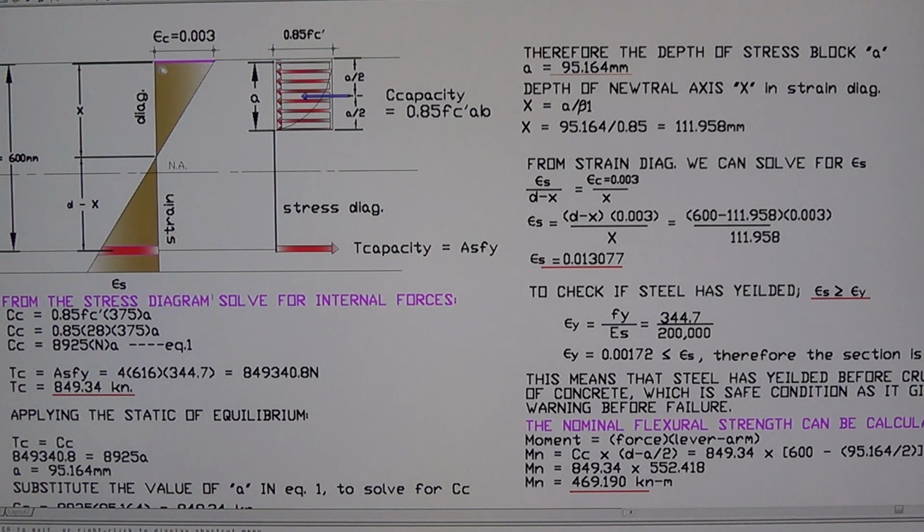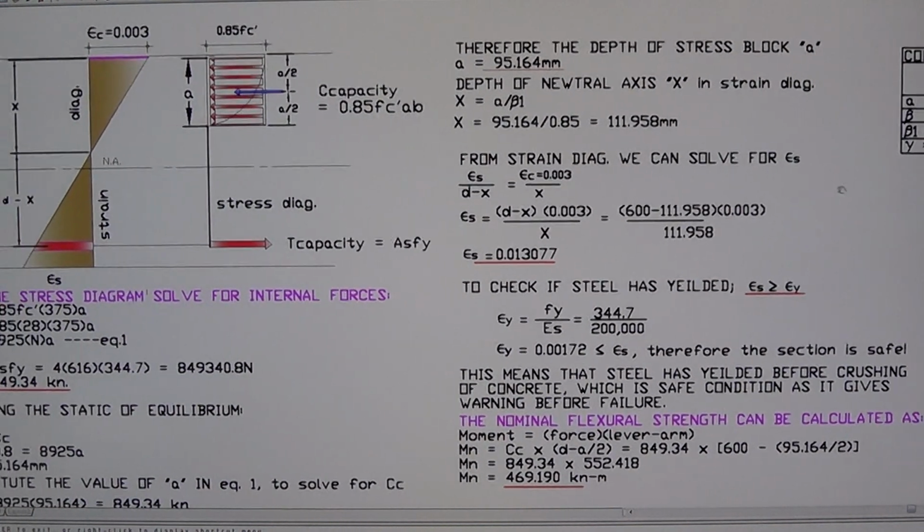That is the distance from the outer fiber of concrete to the neutral axis between the two strains, the strain of concrete and the strain of steel, epsilon s. So I call it ES to make it easy.